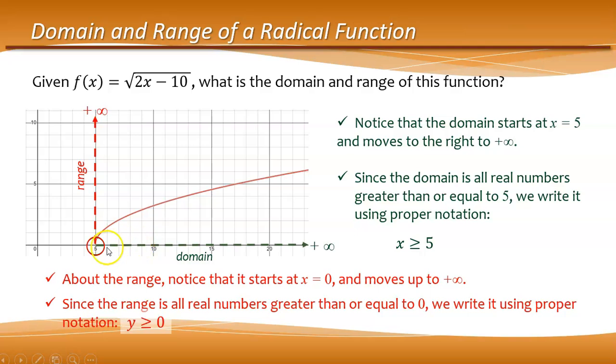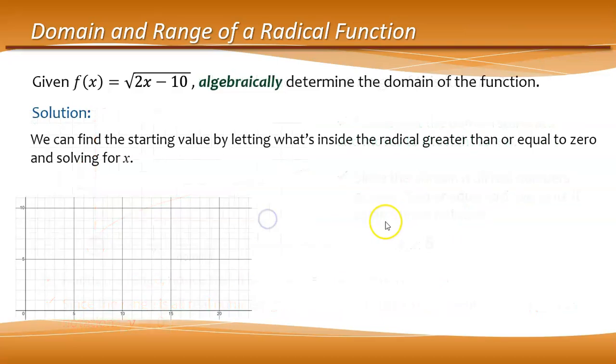That means my domain in this function would be all real values greater than or equal to 5, because 2 times 5 is 10, minus 10 is 0, and the square root of 0 is a possible value, which is 0. And the range starts from 0 and goes to positive infinity. So y would be greater than or equal to 0. That would be my range.